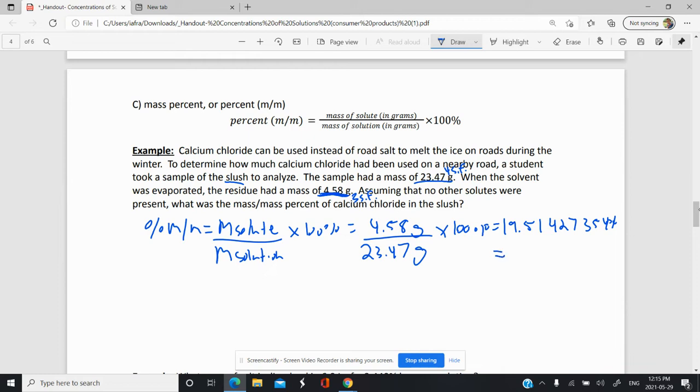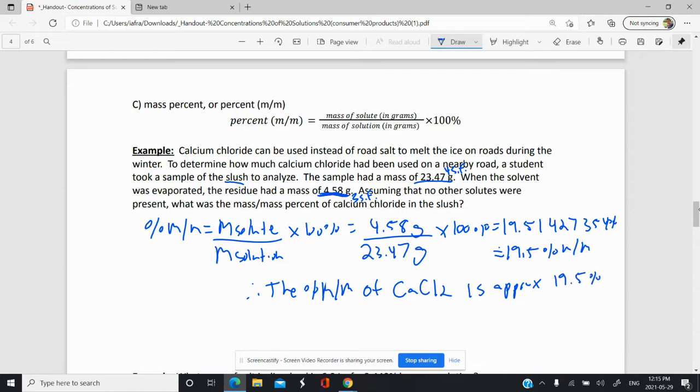19.51427354%. Don't forget it has to be to 3 sig figs, so approximately we can round down to 19.5%, and we can say therefore the percent mass of CaCl2 is approximately 19.5%.